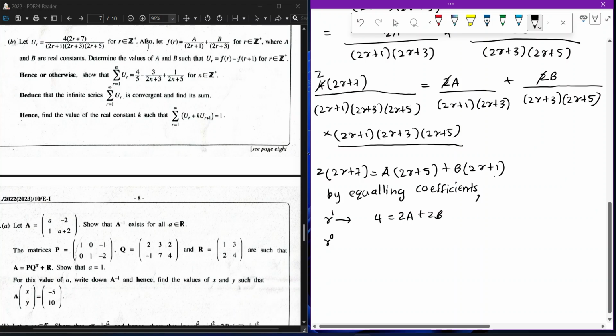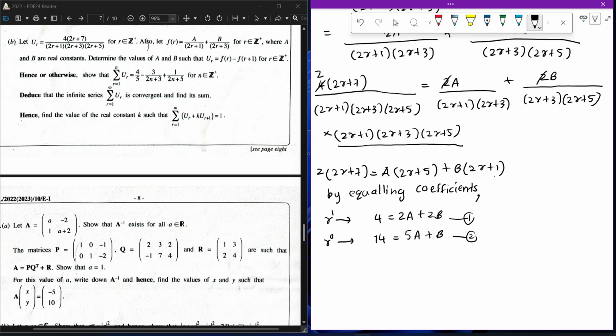So r to the power 0, that means just the coefficients without any r terms, here it is 14, equals 5a, no r terms, and again b. So this will be equation number 1, this will be equation number 2.